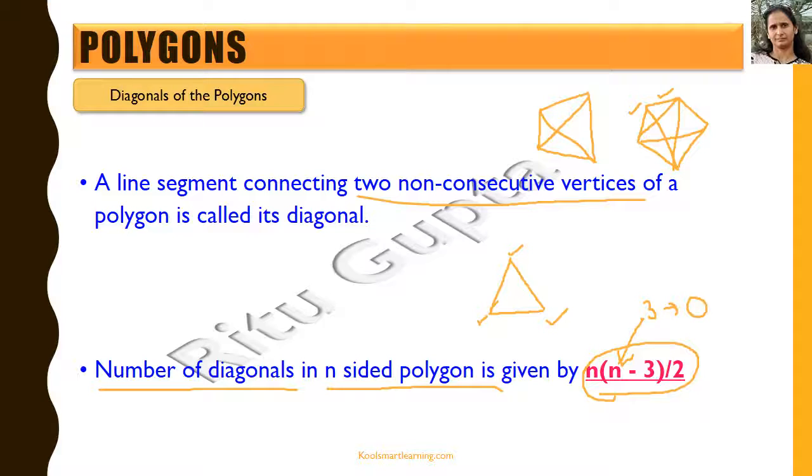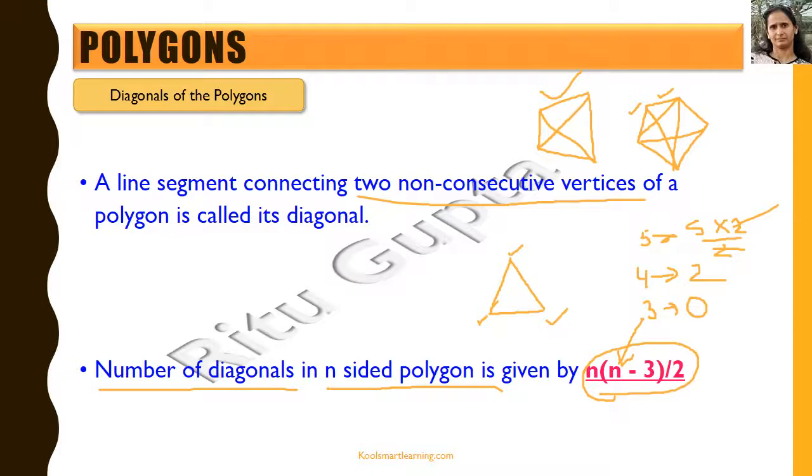If we make a 4-sided figure, a quadrilateral, with n equal to 4, we get the number of diagonals equal to 2. And if we have n equal to 5, the number of diagonals is 5 into 2 by 2, which is 5. So we should have 5 diagonals in a pentagon.